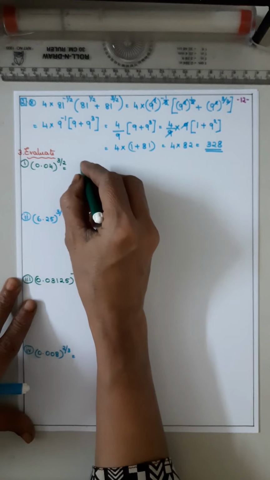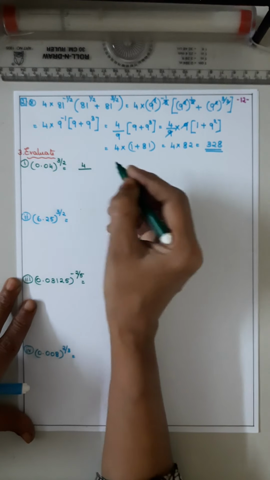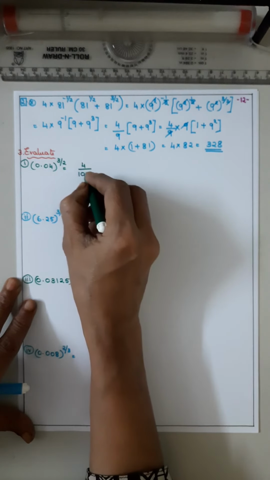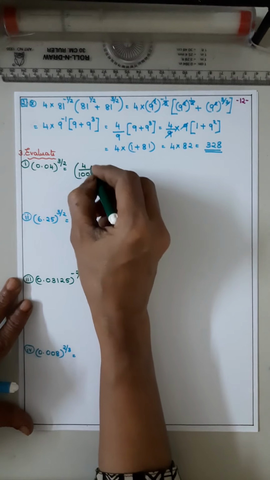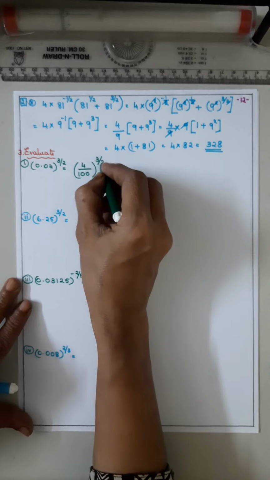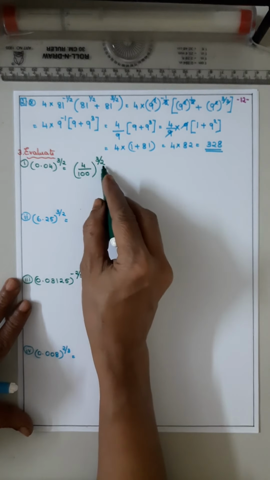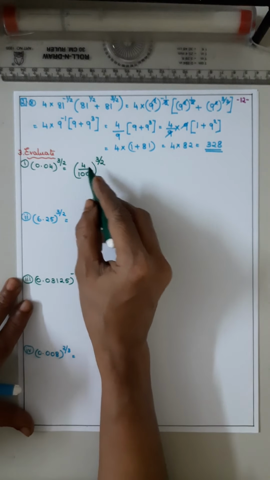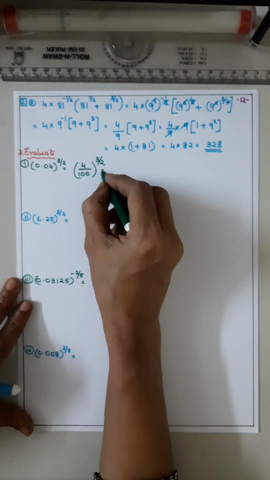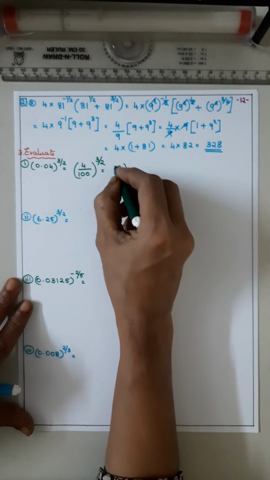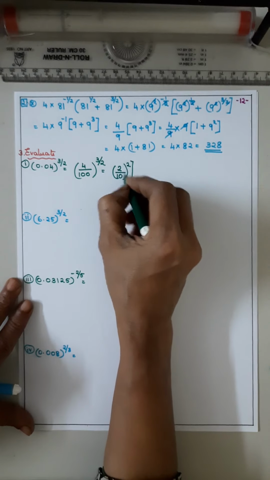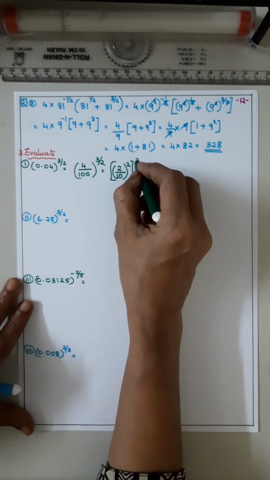So 0.04 can be written as 4 upon 100. 2 decimal means denominator is 100. The power 3 by 2. Now in the power the denominator is 2. Convert into the power 2. Okay. That is 2 by 10 the whole square the whole power 3 by 2.